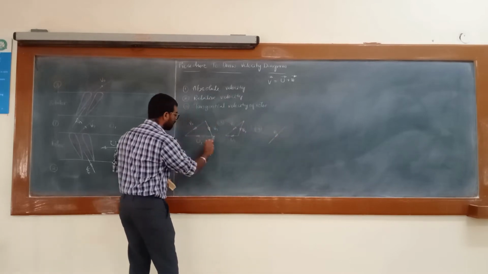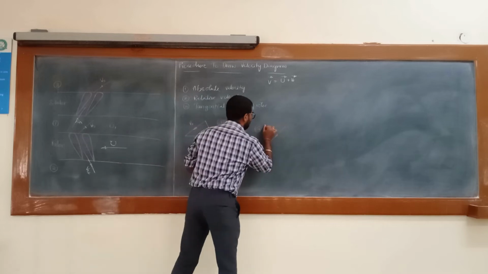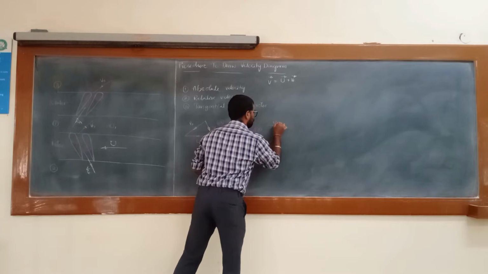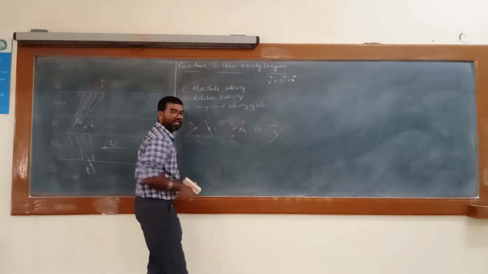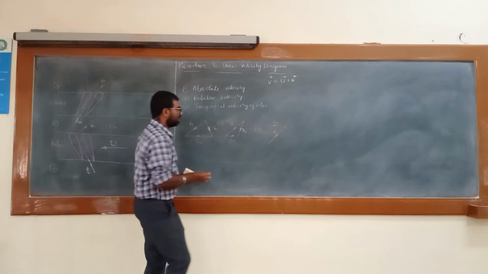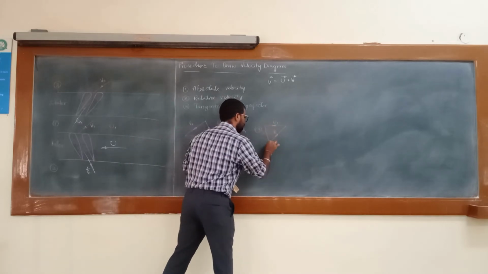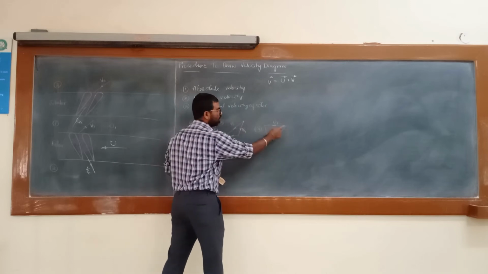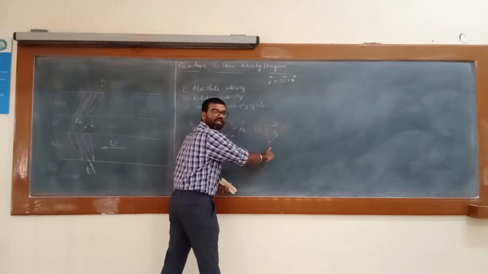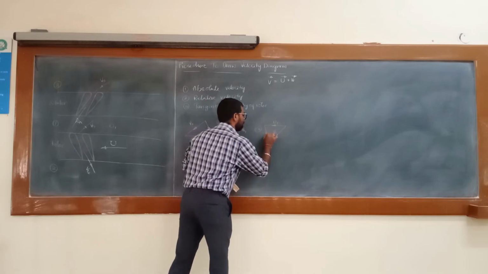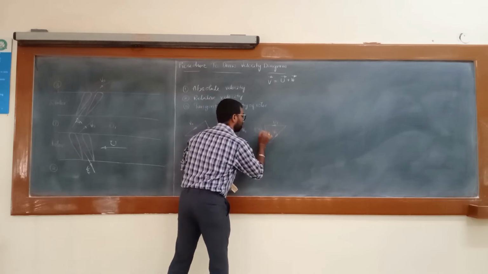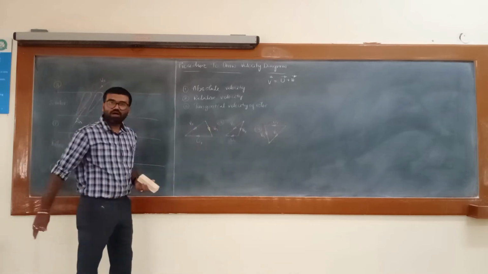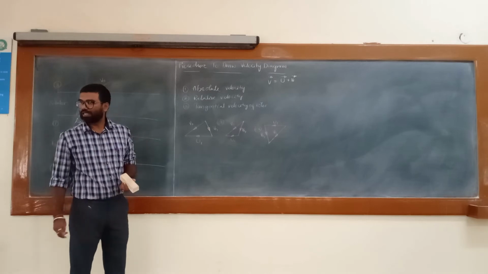Instead of drawing U at the bottom, you can draw it here also, U1. Then what is the direction of VR? Follow the rule: vector V is equal to vector U plus VR. So this is VR. Like this also you can draw. In any form, you can draw the velocity triangle.